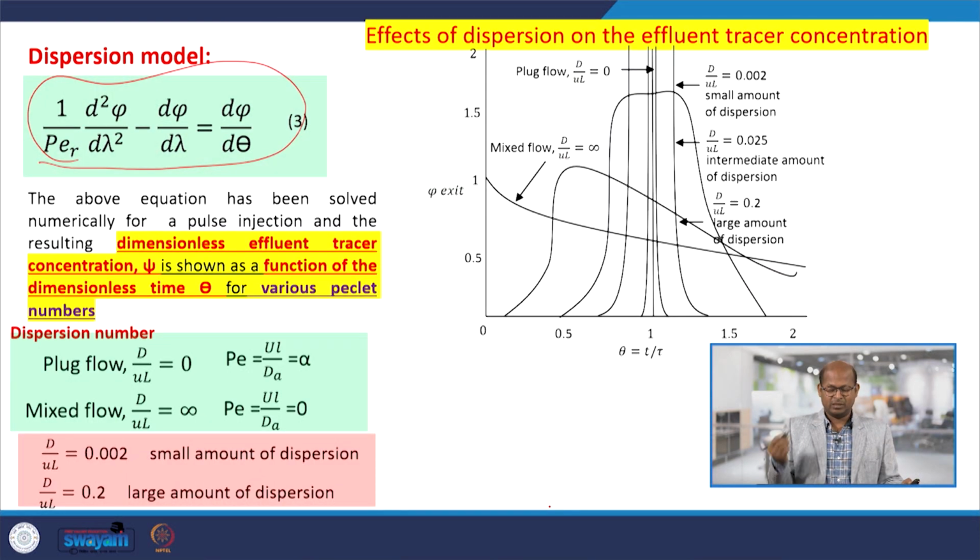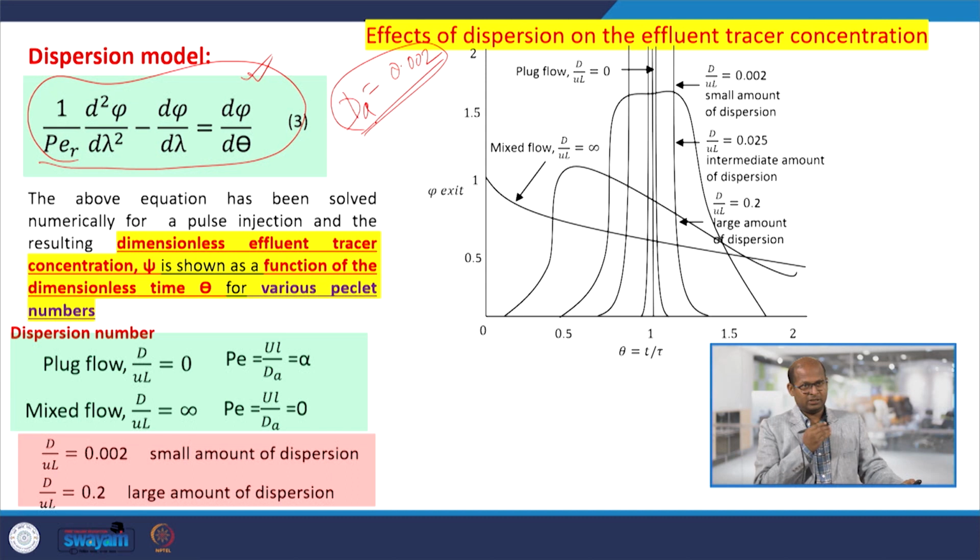The dispersion number might have some value. After solving these equations with the boundary conditions, we can get some value, let us say 0.002, the dispersion number we get from that particular tracer test. From the Peclet number we found dA, the dispersion coefficient, which is 0.002 for that system.